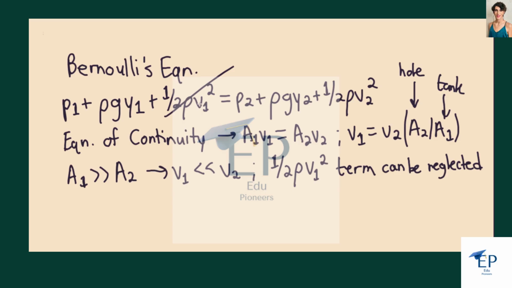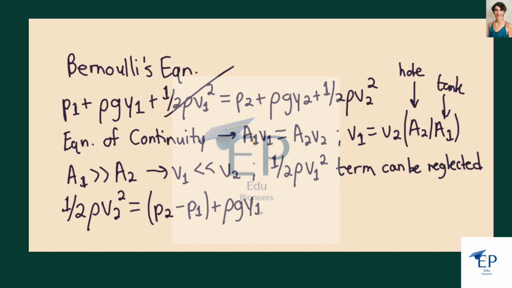And so now Bernoulli's equation gives that 1/2 times rho V sub 2 squared is equal to the change in pressure, P sub 2 minus P sub 1, plus the density times g y sub 1.